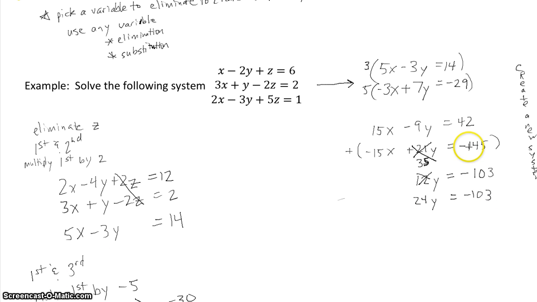And this is off by a little bit as well. My apologies, trying to do this in my head. 29 times 5 is not 145. It is... No, that was right.